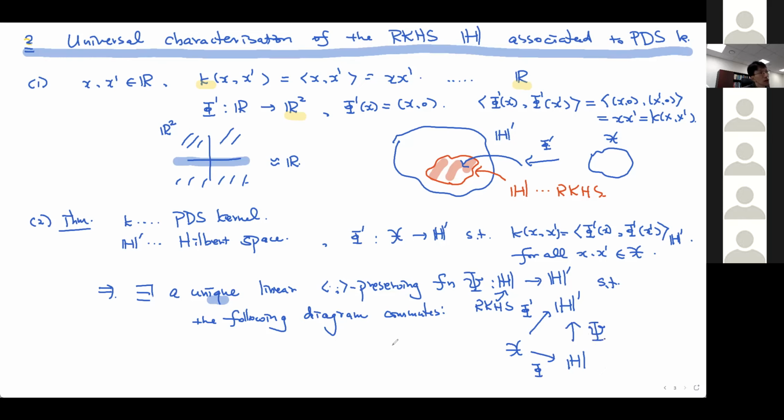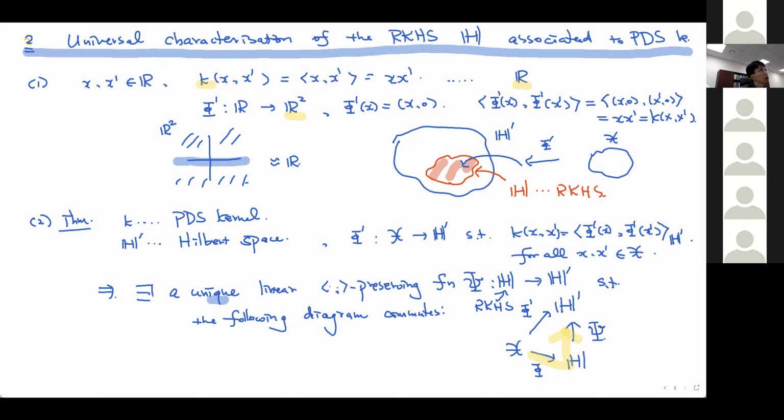And then the commutativity says that if you first do phi and then psi, we have one way to get a map from X to H prime.